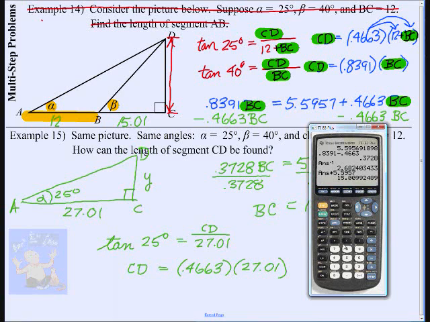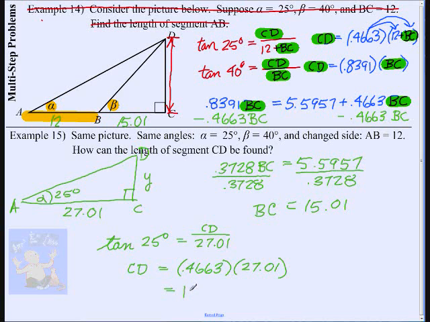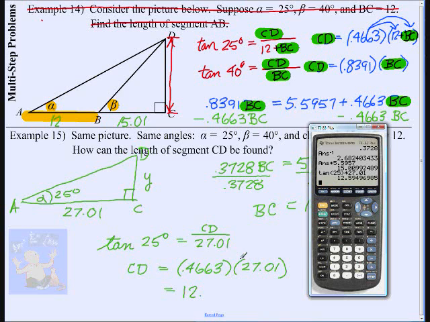Tangent of 25 degrees times 27.01 equals 12.59.